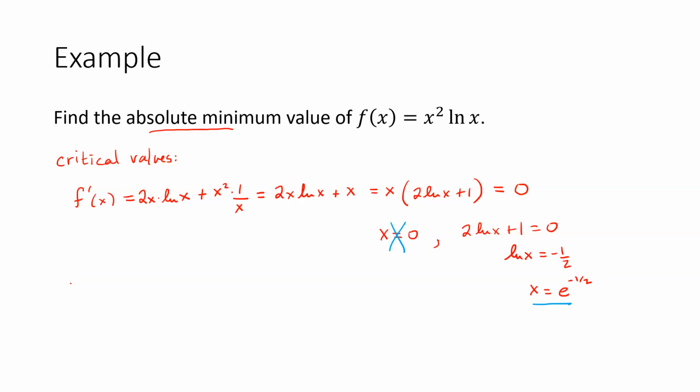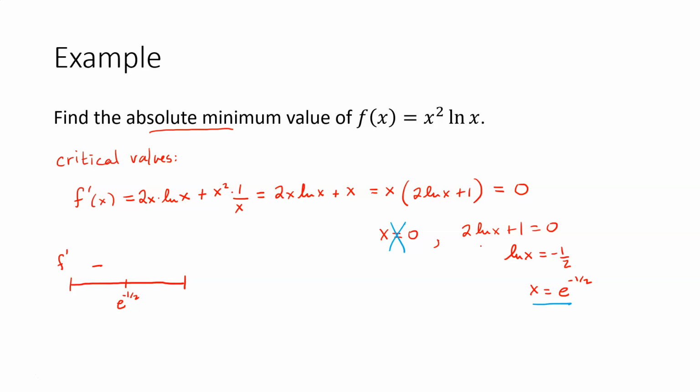And we can quickly check that what we have here is an absolute minimum at that point by noticing that f prime, if I take a value that's, say, less than e to the negative 1/2, substitute that in here, we would get a negative value.